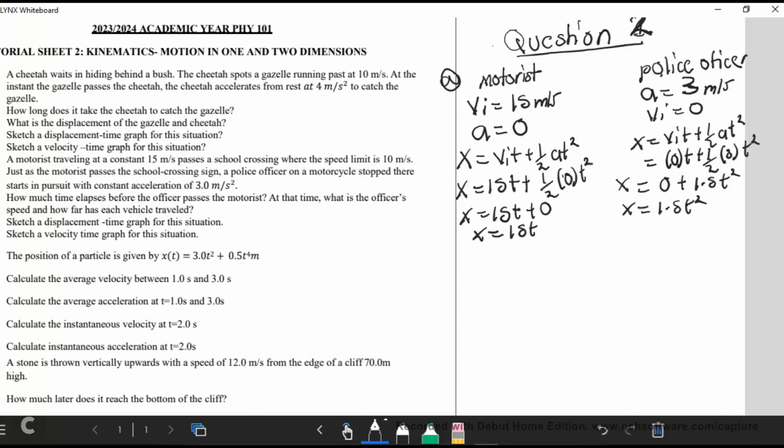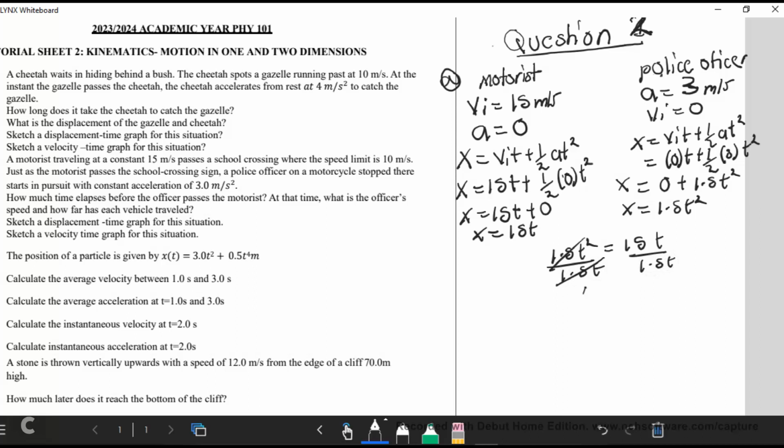So from there you equate this equation, which is supposed to be 1.5t squared is equal to 15t, such that it will be 1.5t squared minus 15t. This one and this one, they will divide.